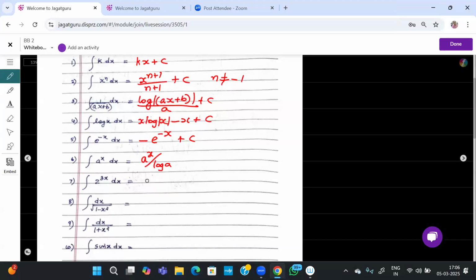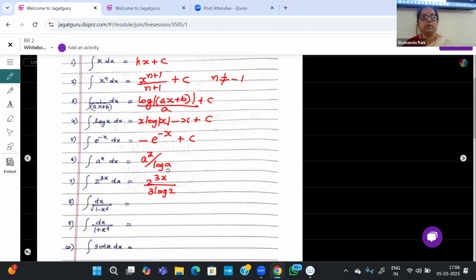Two power 3x by log 2 into 3. Very good. 3 log 2. Yeah, so log 2 comes because of this logic and 3 comes because x is accompanied by 3.